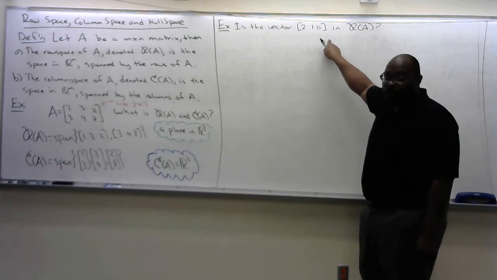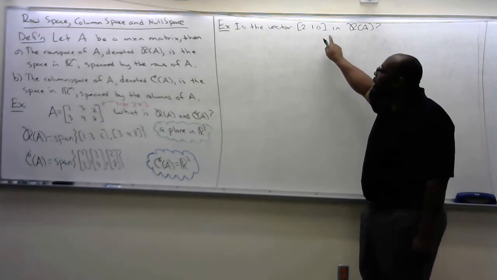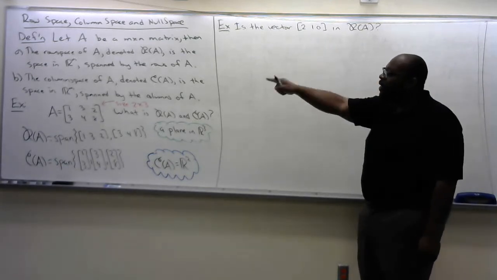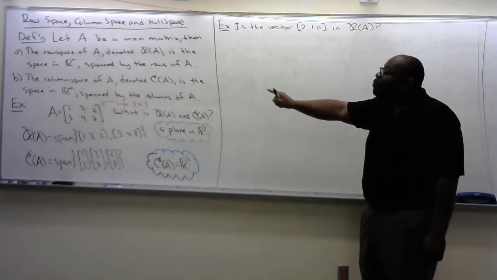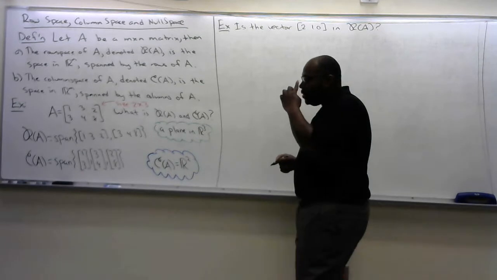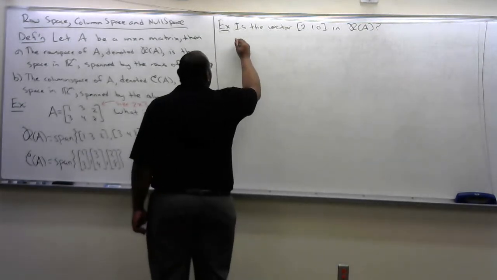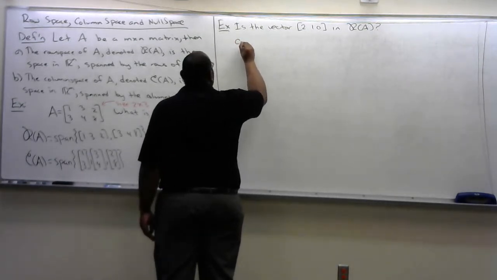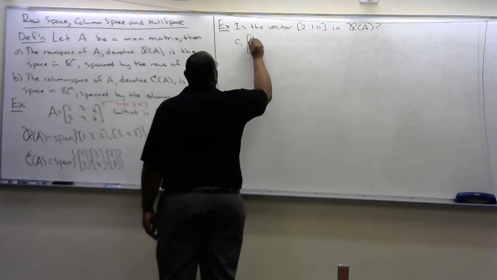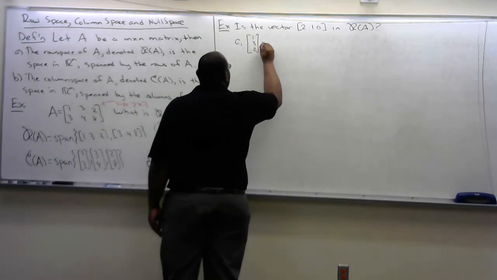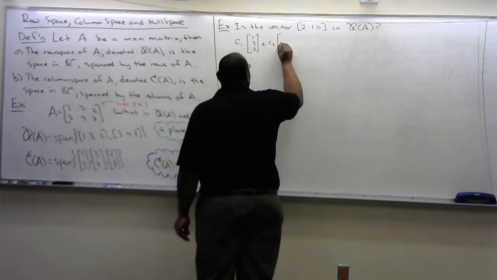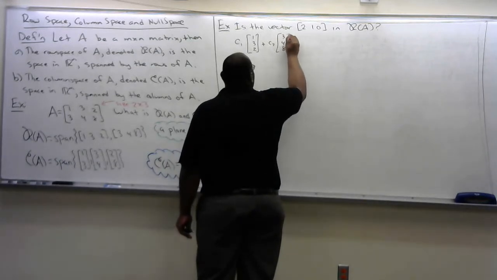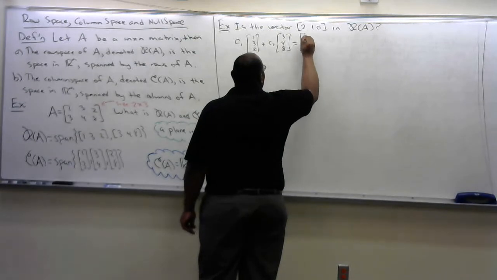So let's see if we can. We have to have a linear combination: C1 times my first row, 1, 3, 2, plus C2 times my second row, 3, 4, 8. That should get me 2, 1, 0.